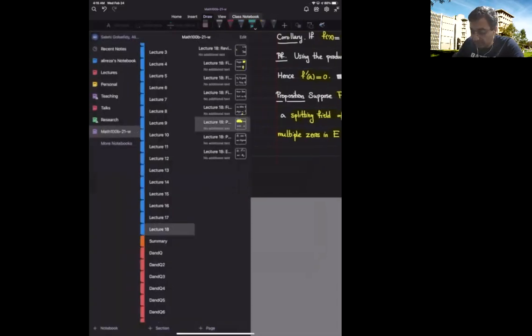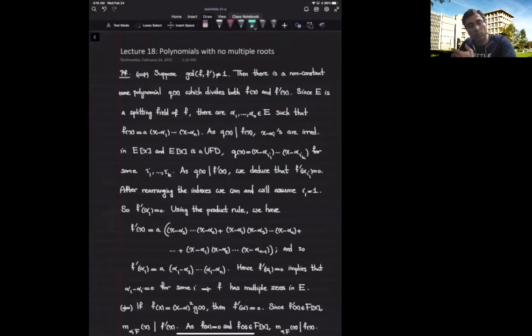This is an if and only if statement, so I need to show left to right and right to left. So suppose to the contrary that the GCD is not 1. That means I can find a non-constant monic polynomial Q which divides both f and f prime.